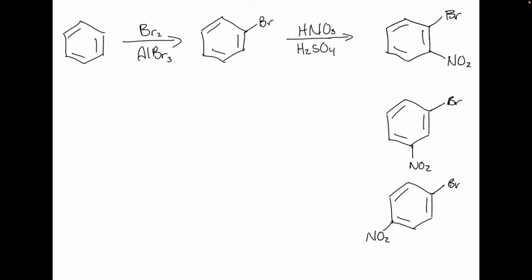All right, so which one of these am I actually going to get as my product, right? So this is the question that we're going to address here today. Remember, the last thing we did last time is we actually named these different positions, right? So the ones right next door to whatever's already on the ring, we call ortho positions.